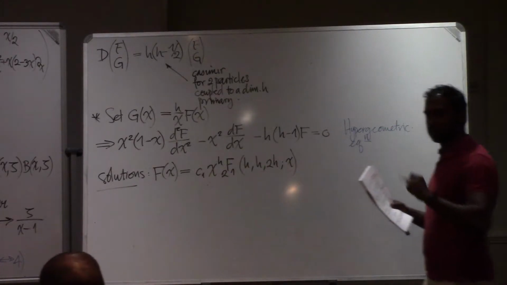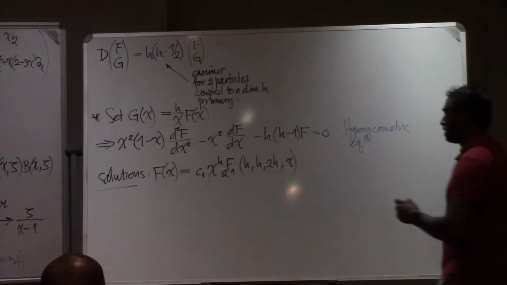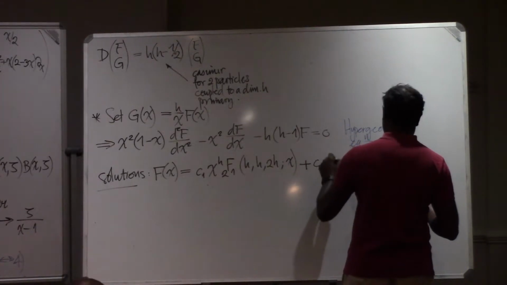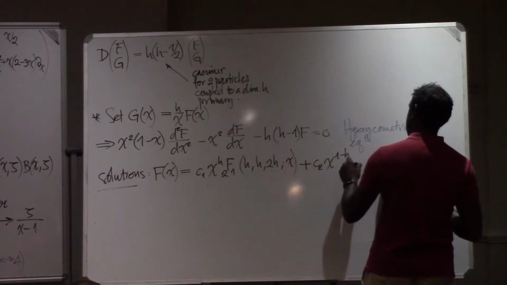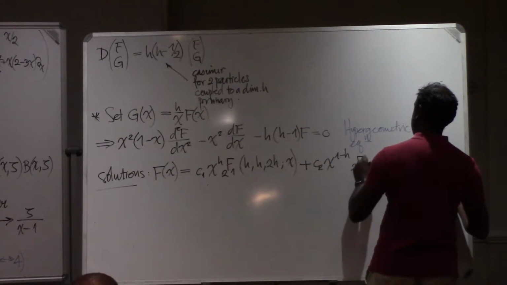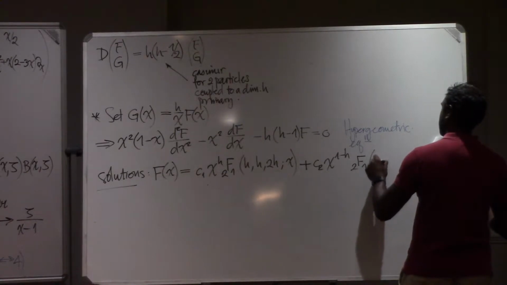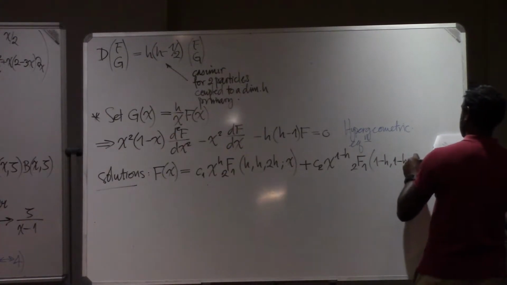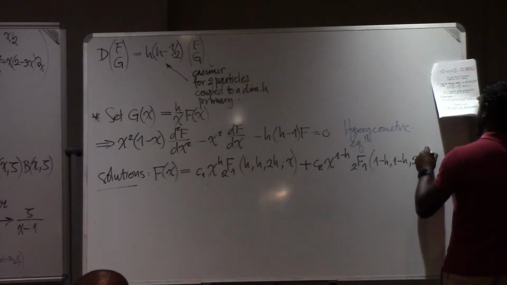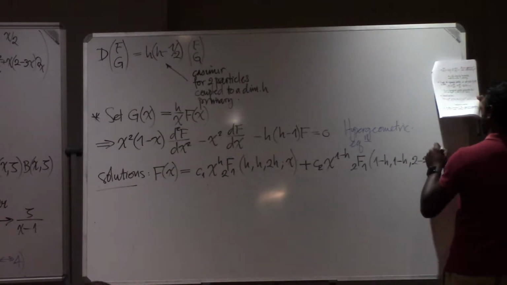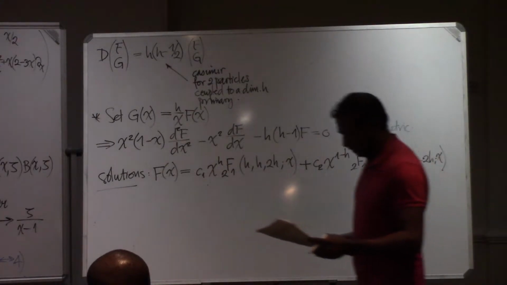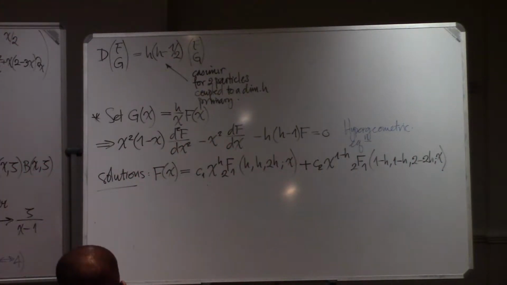So this you would recognize from what someone wrote down this morning, plus a linearly independent solution chi to the 1 minus h, 2F1, now of 1 minus h, 2 minus 2h, that's the function of chi.